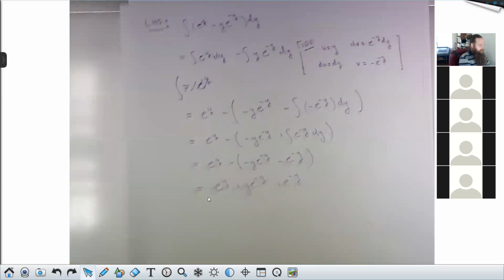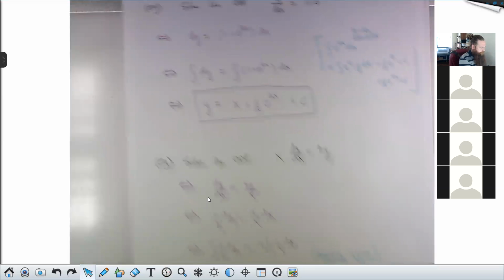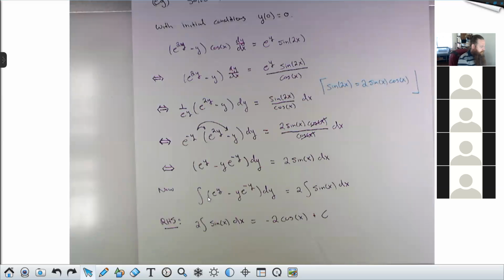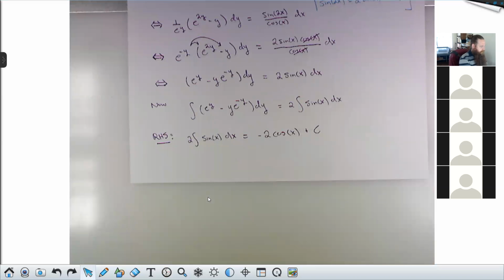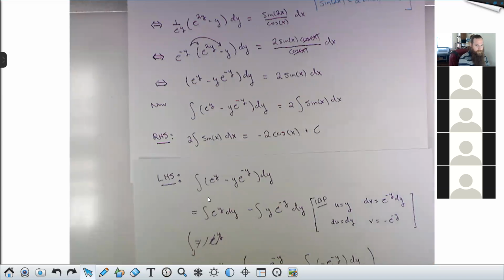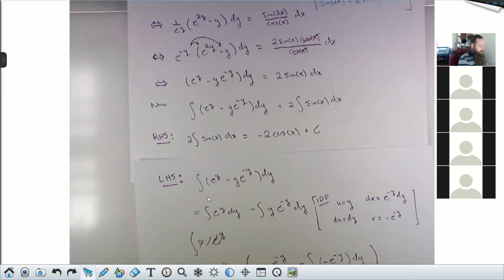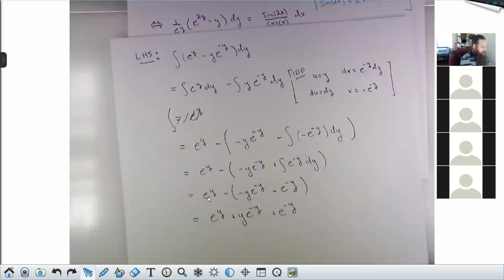My right-hand side, if you recall, my right-hand side is negative 2 cos x plus c. So left-hand side and right-hand side are equal to each other. My left-hand side is this.